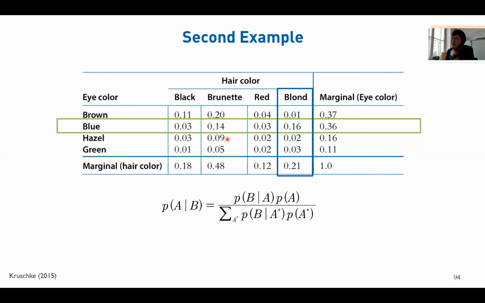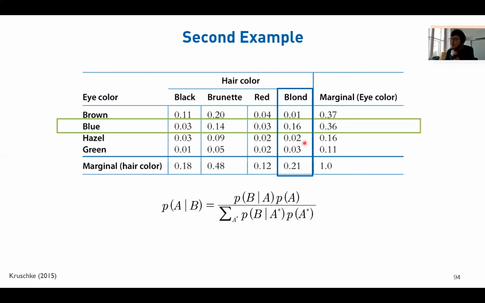Similar idea: every number in this table, 0.11, 0.03, 0.03, 0.20, 0.14, are not surprisingly joint probabilities, right? Here 11% means hair color being black together with eye color being brown. This number means a 3% probability that hair color is blonde and the eye color is green.